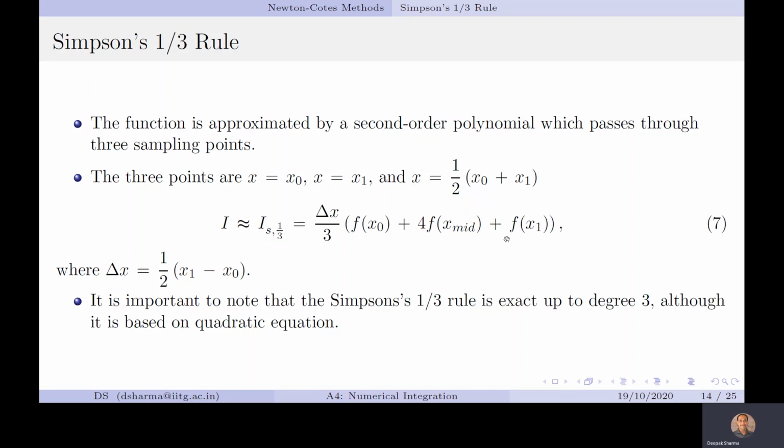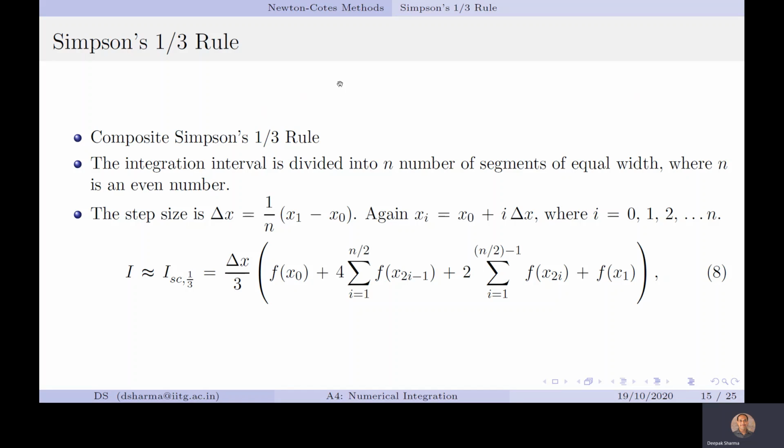In this particular case, you can see that we don't need any for loop. We can directly use the formula and find the value of the integral. Here the delta x value is x1 minus x0 divided by 2. It is important to note that Simpson's 1/3 rule is exact up to degree 3, although it is based on a quadratic equation.